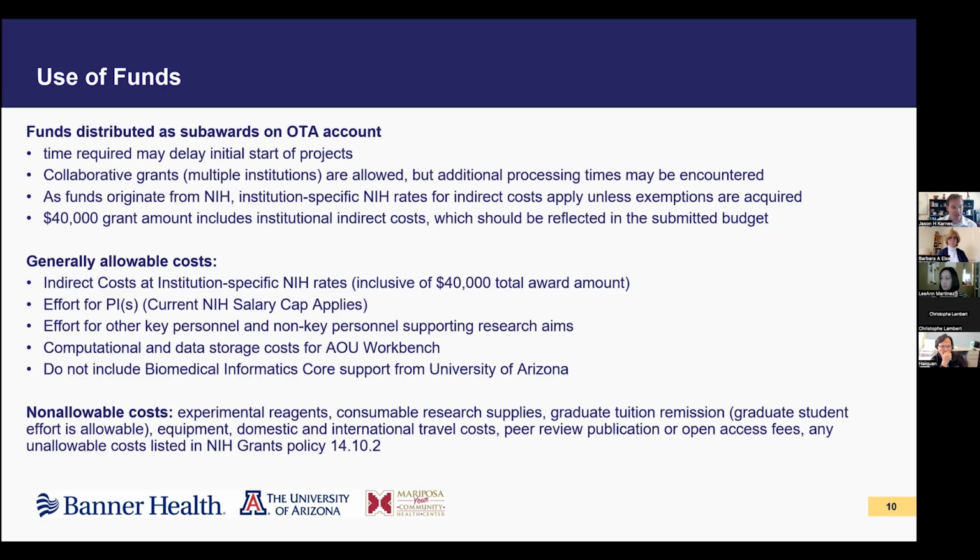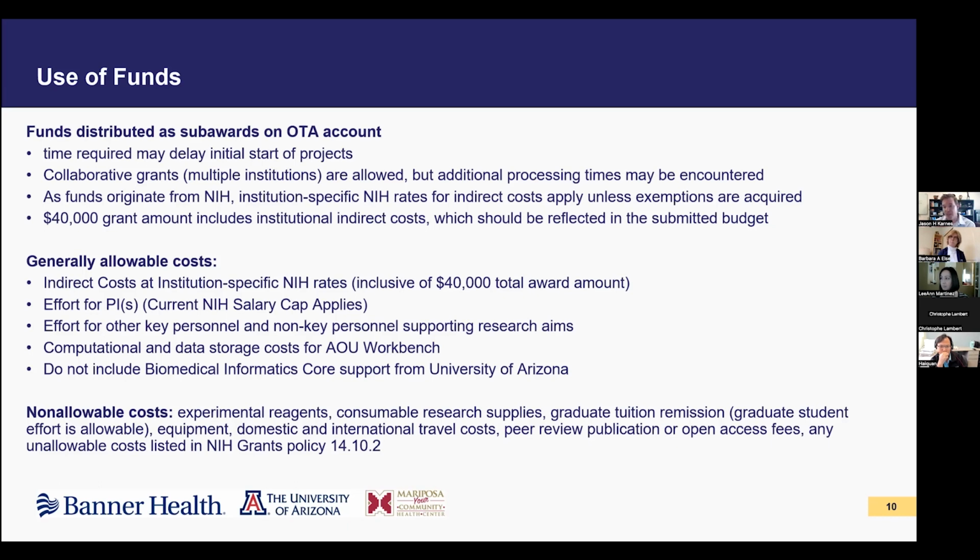Similarly, we're not allowing graduate tuition remission or international travel costs given the very short time frame of the actual RFA. Similarly, peer review publication or open access fees aren't allowable, and so this is really going to be focused on efforts for the individual people, including the PIs, and then the computational and data storage costs.